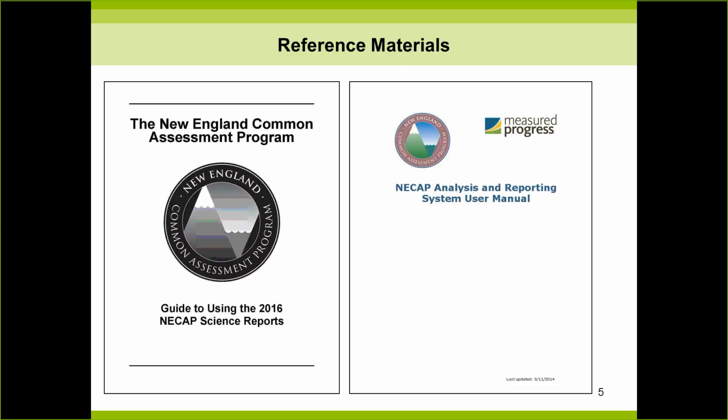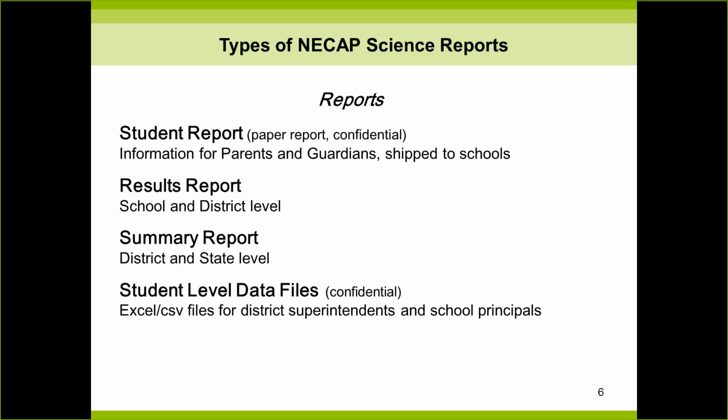The second of these documents, the NECAP Analysis and Reporting System User Manual, helps users learn to navigate the NECAP Science online reporting site, NARS. Much of what is included in these two documents will also be addressed today and explained in today's webinar.